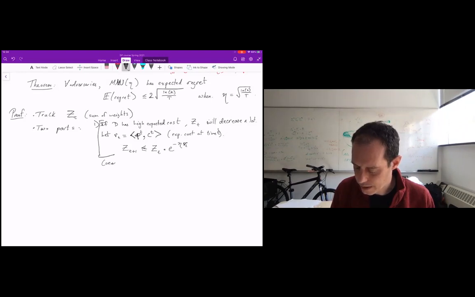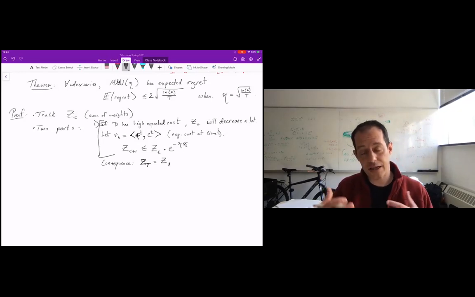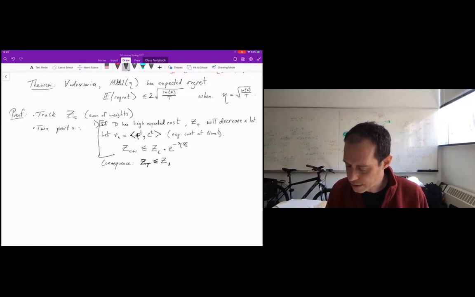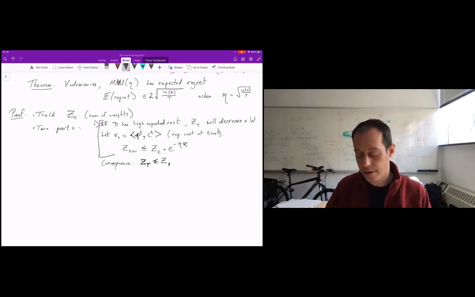A consequence of that is that after all is said and done, the final Z, the final sum of the weights, will not be very big. It'll be at most Z_1 times the product of these factors that have accumulated over all the time steps.